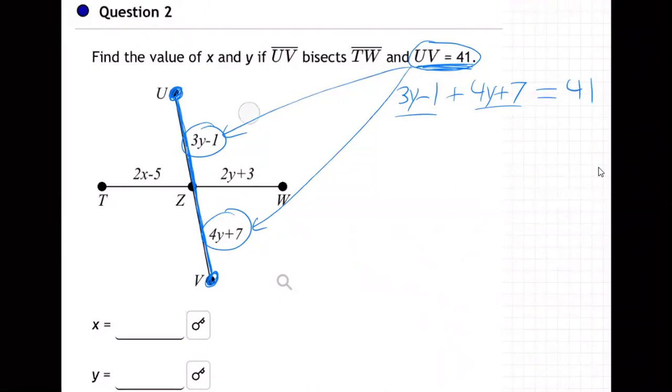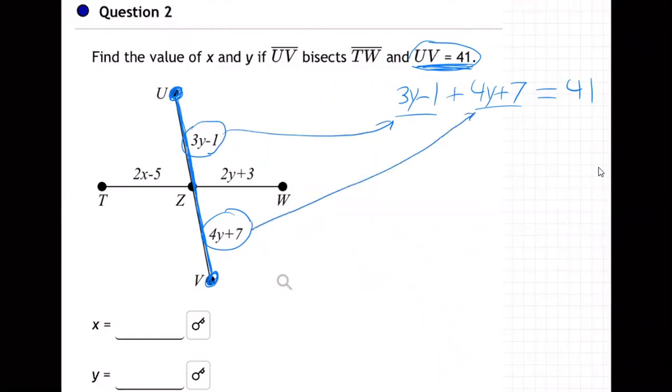But I should probably just run those arrows backwards, huh? Is that good? Those two have to add up to equal 41 because UV is 41. The whole of UV is 41.